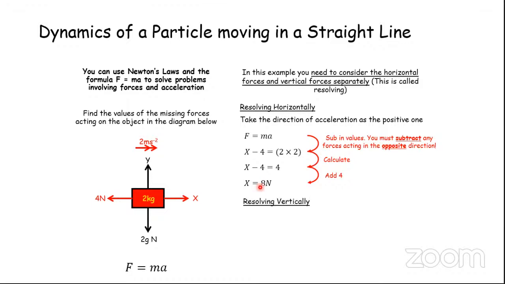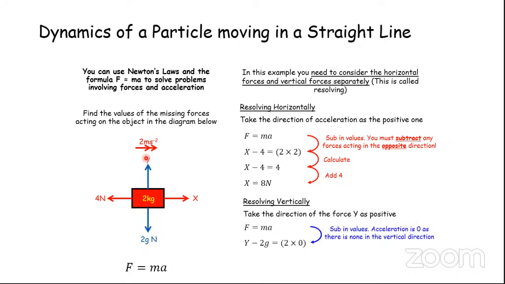Then when we resolve vertically, since our motion is only along the x-axis, we choose y as positive, like in the xy coordinate, because this side of y is positive. So we say y minus 2g is equal to 2 times 0, because along this vertical we don't have any acceleration. The acceleration is only along the horizontal.